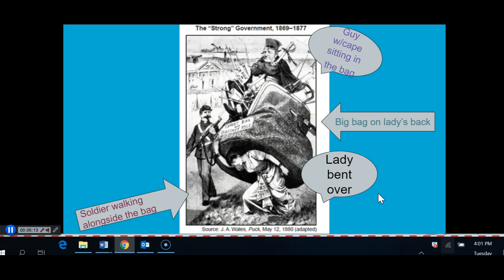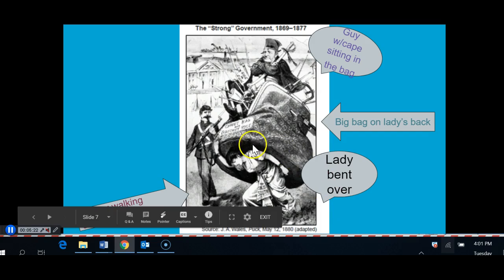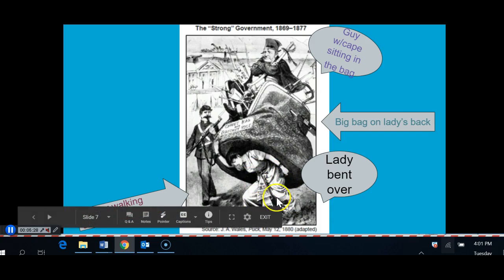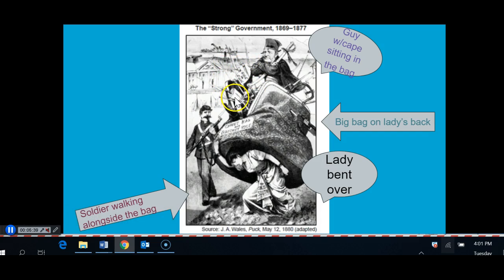I am going to be somewhat vague, but I want you to concentrate on other details in the cartoon as well. So, you could also mention the lady's body posture. You could list what it says in text here. There is text here. There is also another one within the bayonets here.